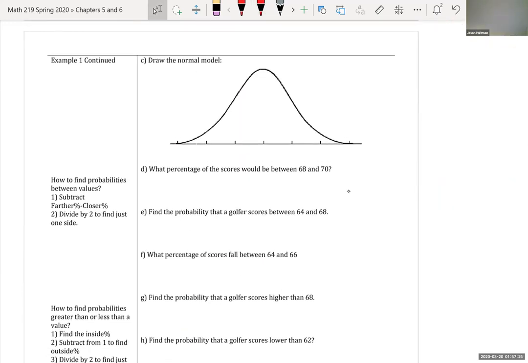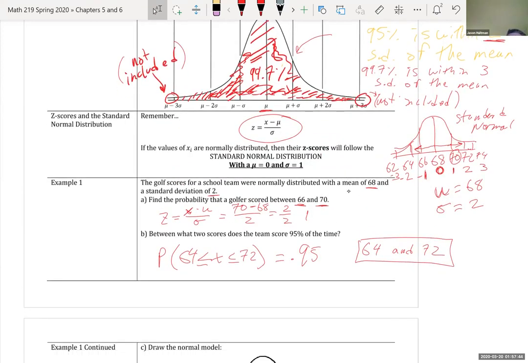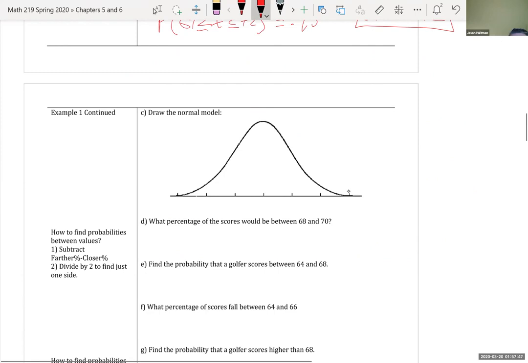Example 1, draw the normal model. We did a quick sketch of it over here, but let's do a nicer sketch.